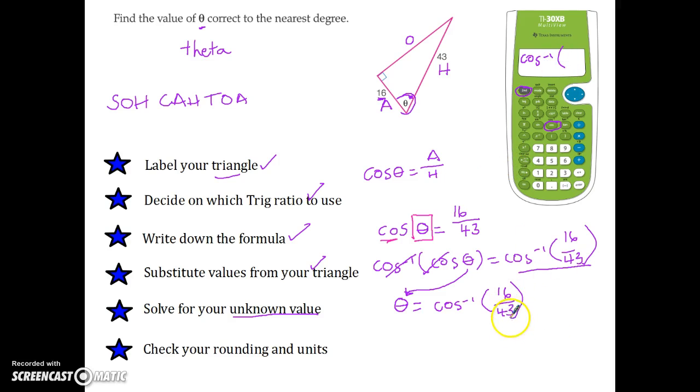Now to put the 16 over 43 in, you could use your fraction template, but it's just as easy to go 16 divided by 43 and then close your bracket. When you press enter, you should get 68.155.